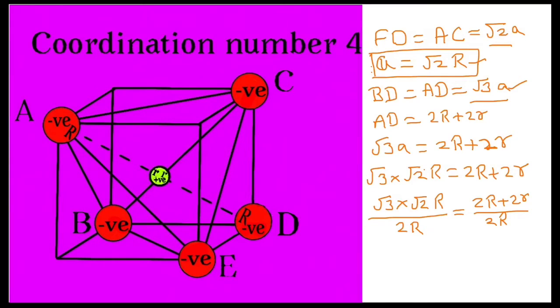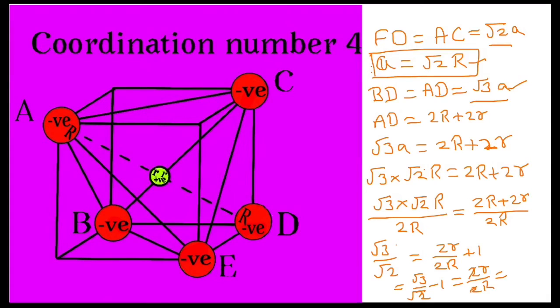Solving this, we get root 3 by root 2 is equal to 2 small r by 2 capital R plus 1. That gives root 3 by root 2 minus 1 is equal to 2 small r by 2 capital R. 2 gets cancelled.